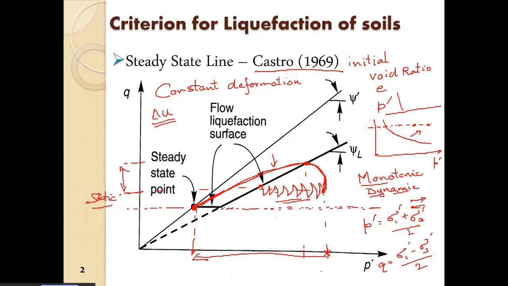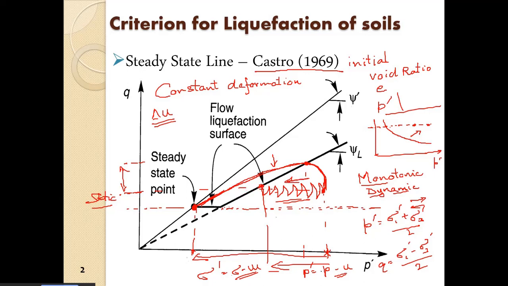Now in the dynamic load, we have applied an oscillatory deviatoric stress. All right, so it is increasing, decreasing, increasing, decreasing. As we apply the dynamic load, there is an increase in the pore water pressure, and when there is an increase in the pore water pressure, there is a decrease in the effective stress. So the effective stress decreases. We know P dash is equal to P minus U, or sigma dash is equal to sigma minus U, and it moves towards the left.